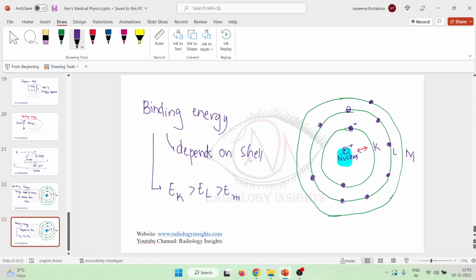Okay, this is one thing: depending on shell. Number two, binding energy also depends on atomic number, that means the element.